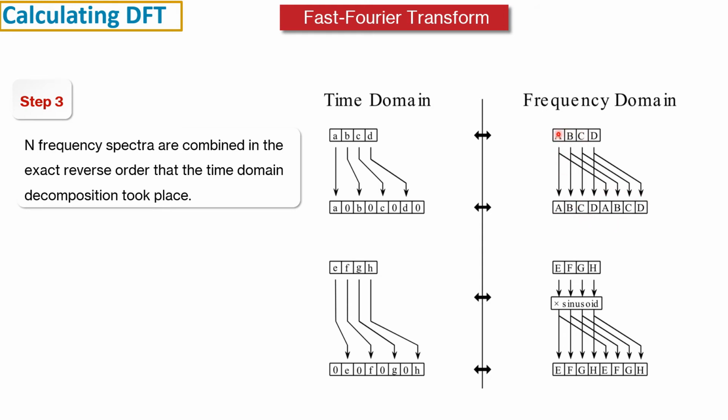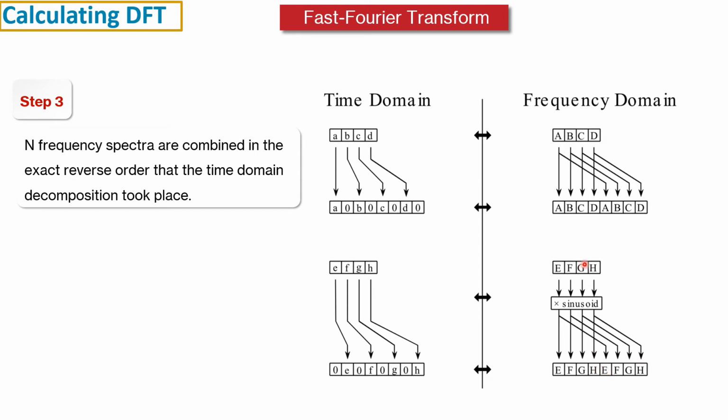So first we add ABCD like this, ABCD, first 4 points, and then second 4 points again ABCD. This is the duplication. Okay, and then for the second one, EFGH, this is the one in time domain which was shifted, okay, by 1 point. So this one will be multiplied with the sinusoid, and then duplicated.